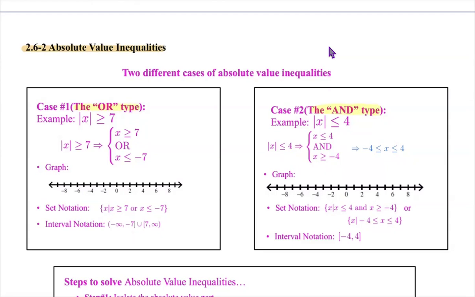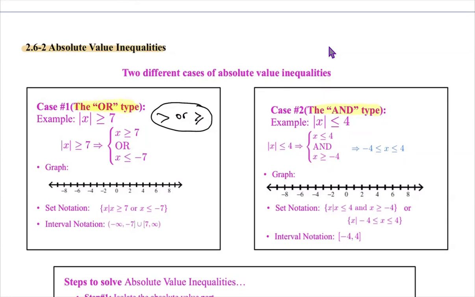Now, the OR type is when the inequality is greater than or greater than or equal. So whenever you have an absolute value inequality with these two inequality signs, you know that you are dealing with the OR type inequality.